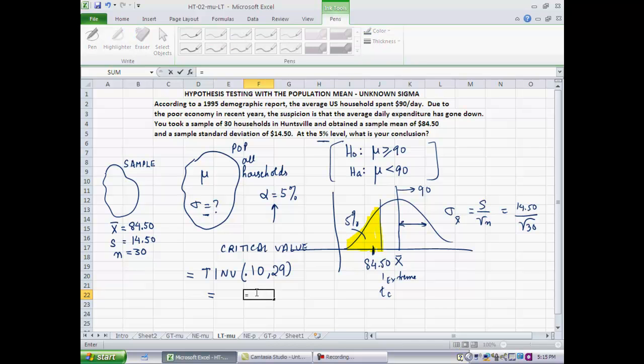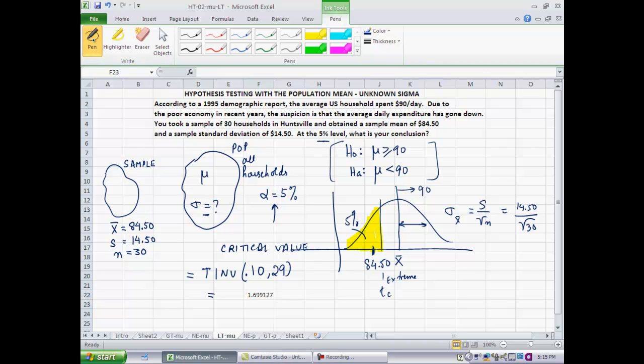Okay, so let's see what this gives us. Equal to t inverse of 0.10, 29 degrees of freedom, and that ends up being 1.7.